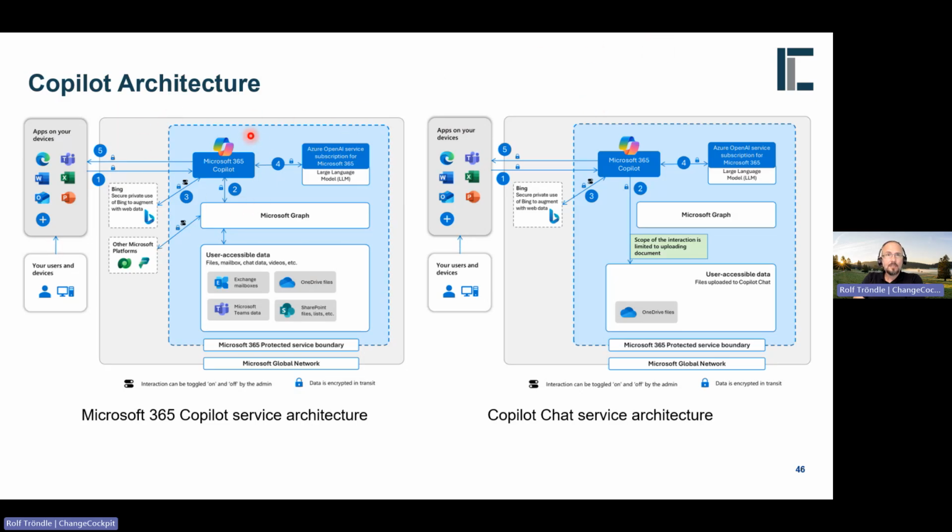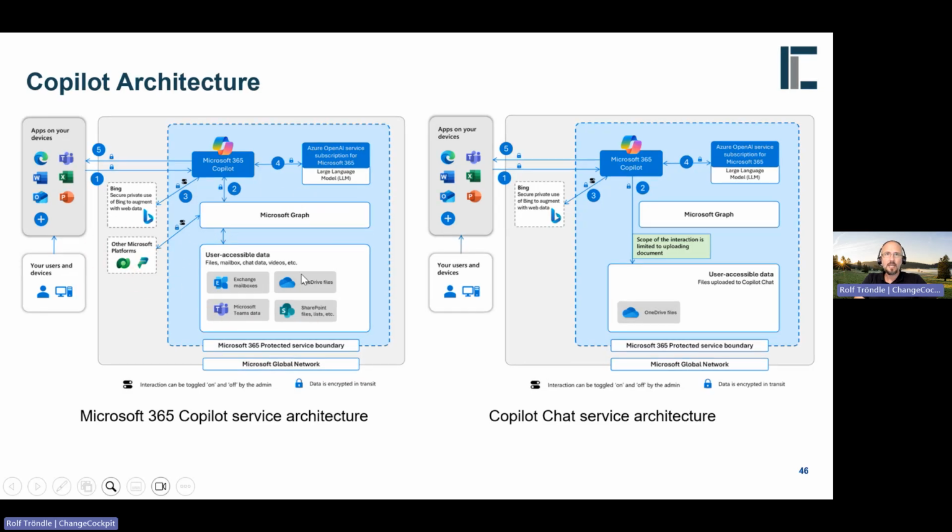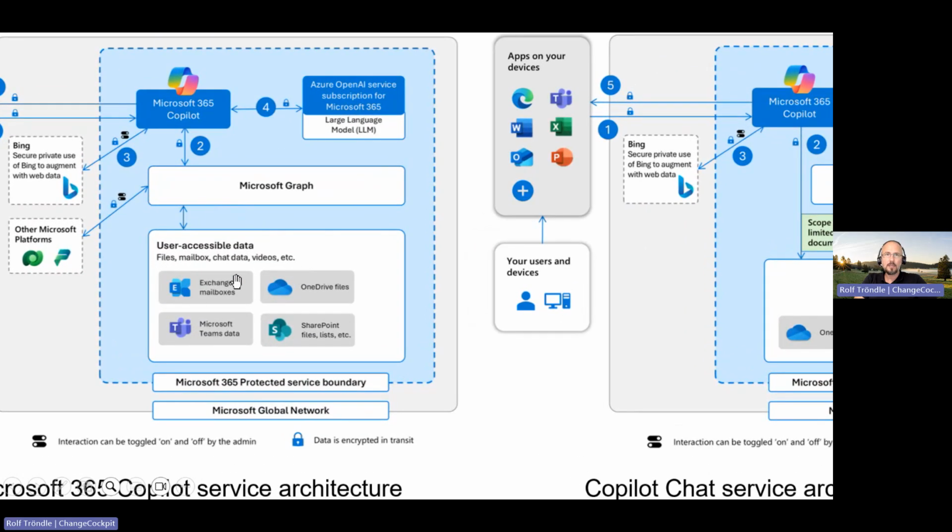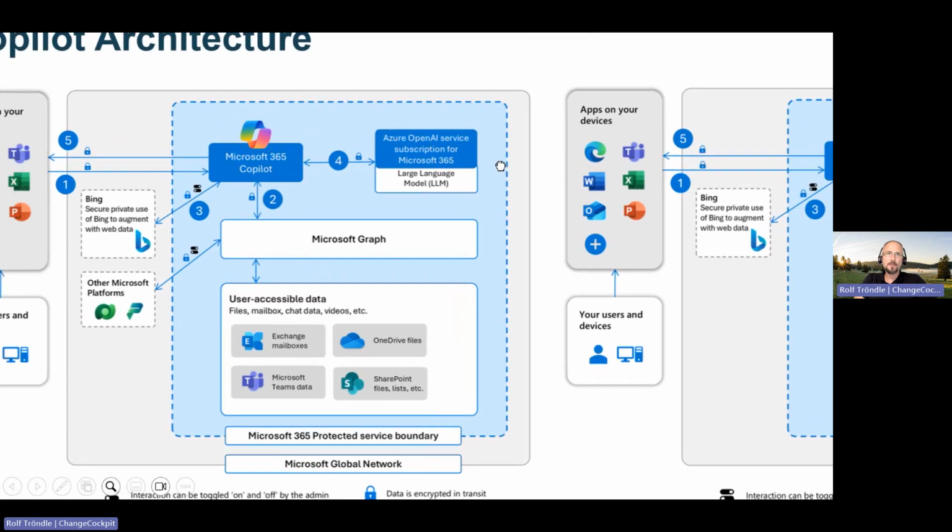Then the user accesses Microsoft 365 Copilot, and as mentioned before, if you have a license, then the graph will be asked for content, even other systems, and all user accessible data will be used, like Exchange mailboxes, OneDrive, Teams data, and SharePoint files, still within the Microsoft 365 protected service boundary.